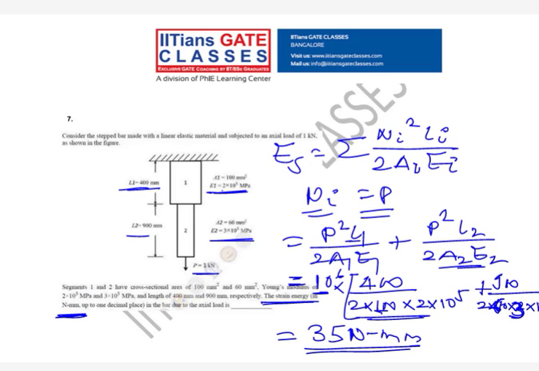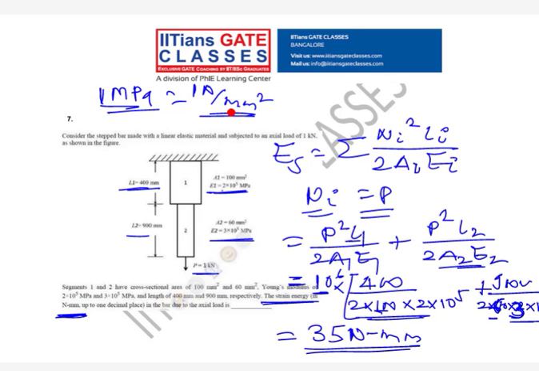Now what is the length L2? 900. Area 60. E is 3 into 10 to the power 5 megapascal. We know what 1 megapascal is, guys? 1 megapascal is 1 Newton per mm square.